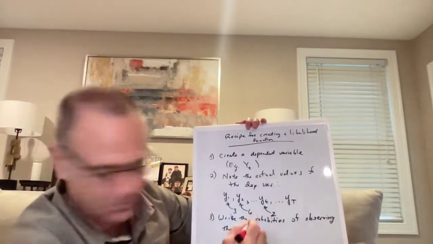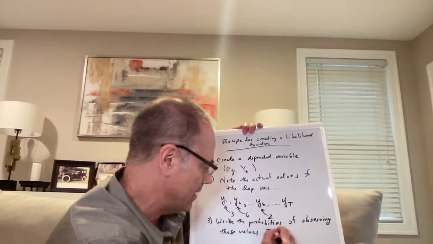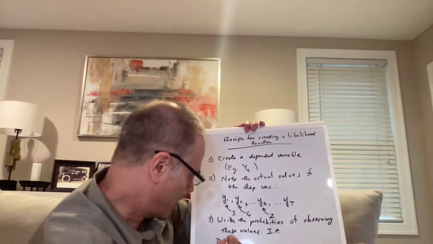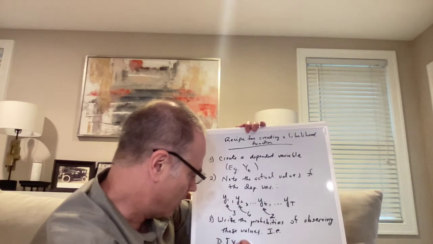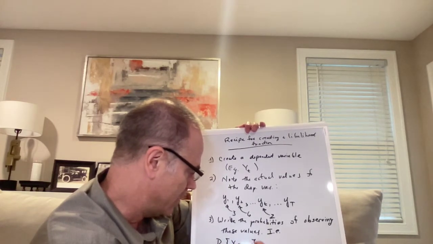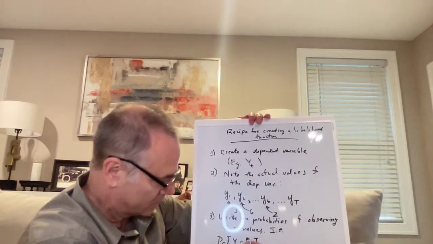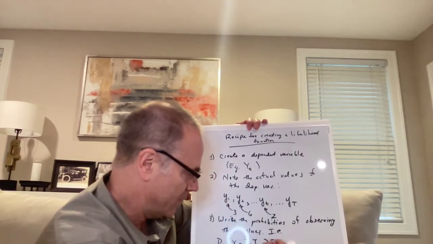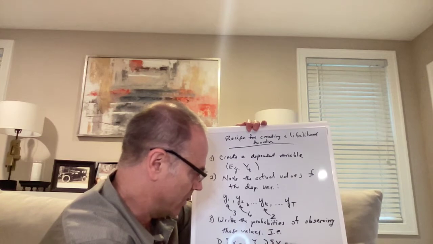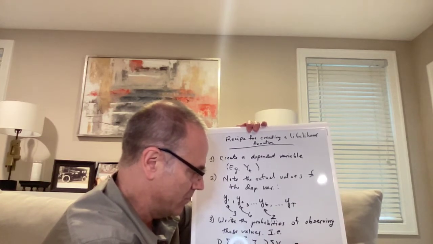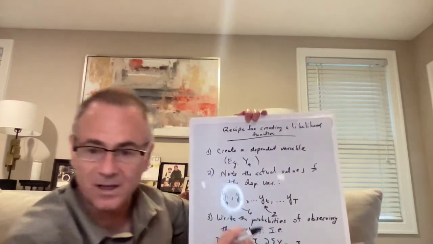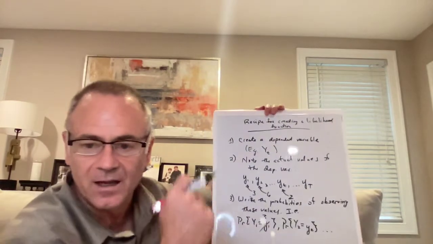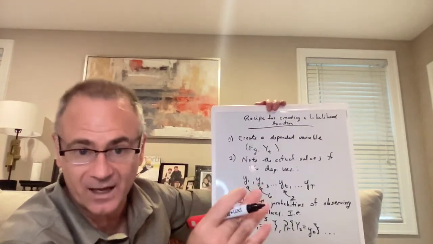That is, i.e., so write probability Y1 equals little y1, where you'll substitute whatever its actual value is. That might have been 3. Right? Probability Y2 equals little y2, and so on. You're going to have to do that for the big T different cases.